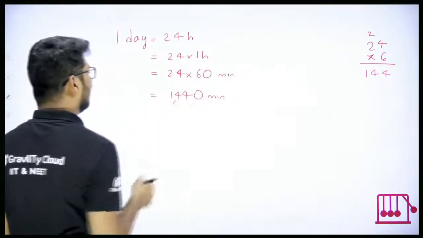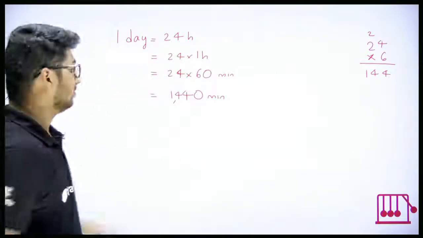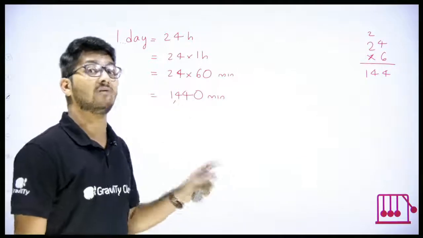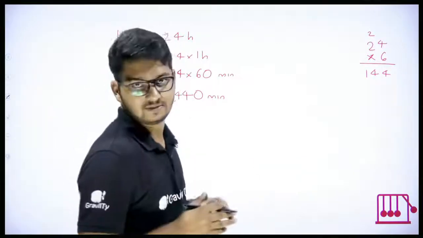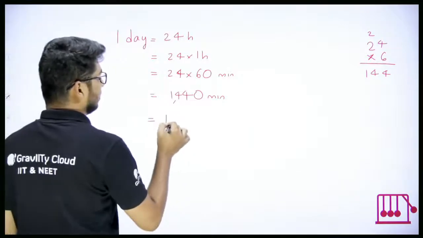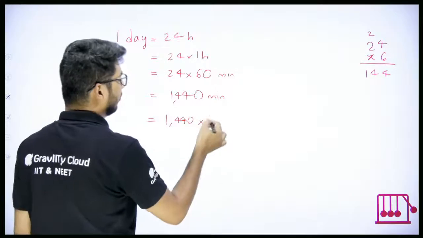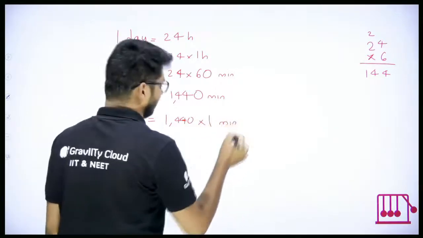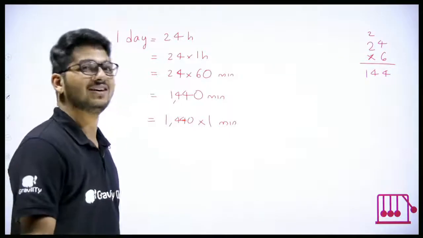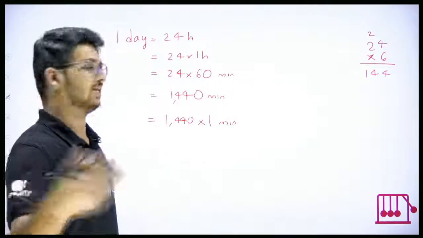So 1 day is equal to 24 hours and is also equal to 1440 minutes. Then again this I can write as 1440 into 1 minute. 1440 into 1 is equal to 1440, the same.